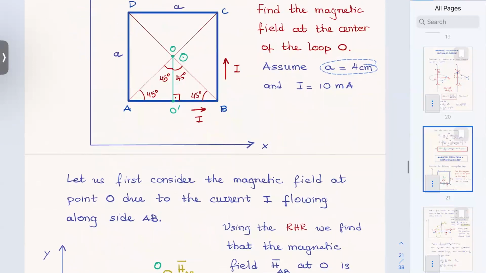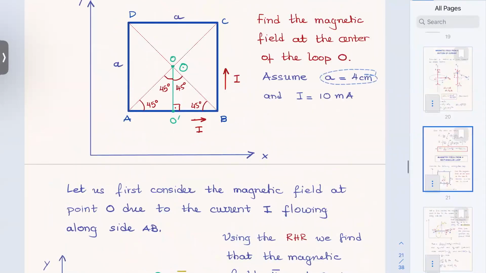So, first of all, since this square loop is on the XY plane, that means the center of the loop is going to be on the XY plane. So the Z component at point O is 0. It's right on the surface of the loop.